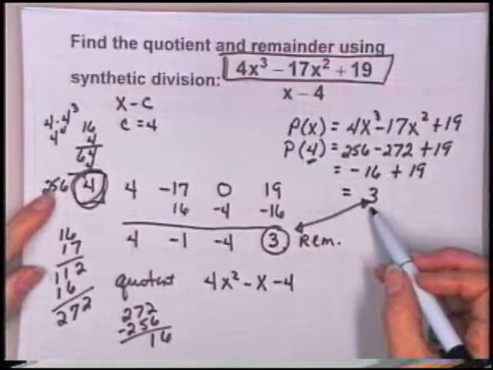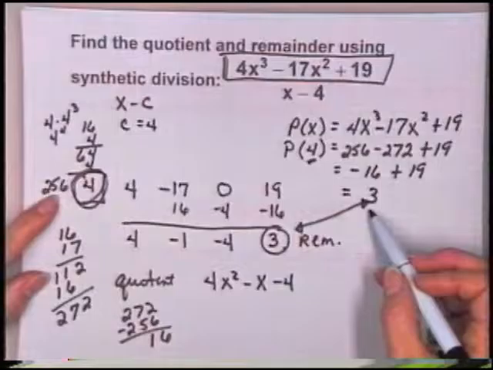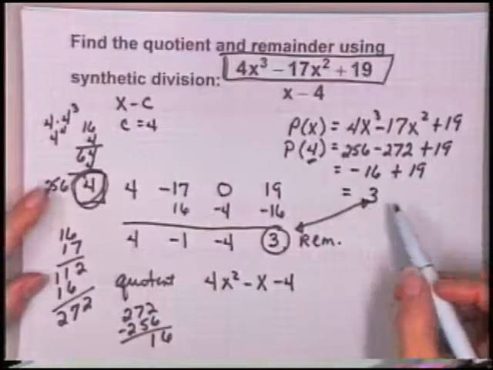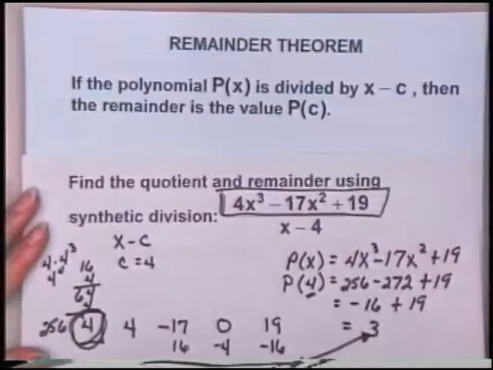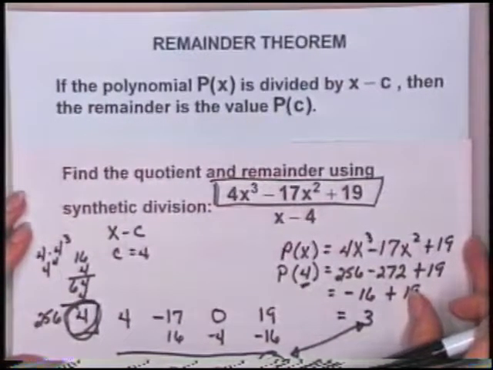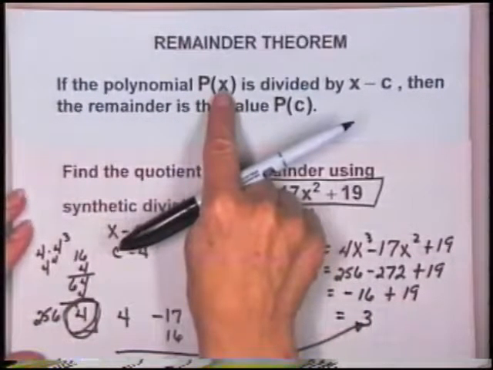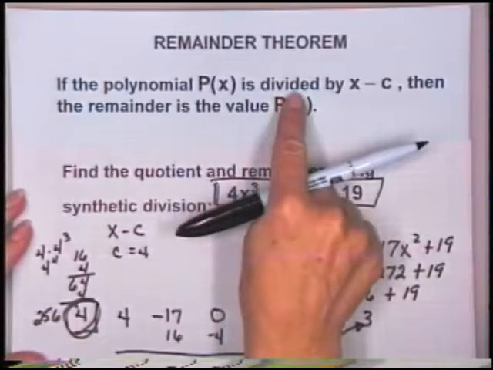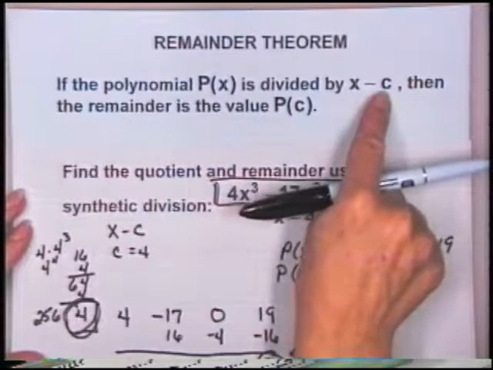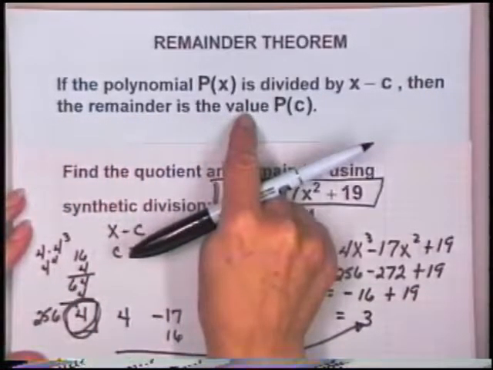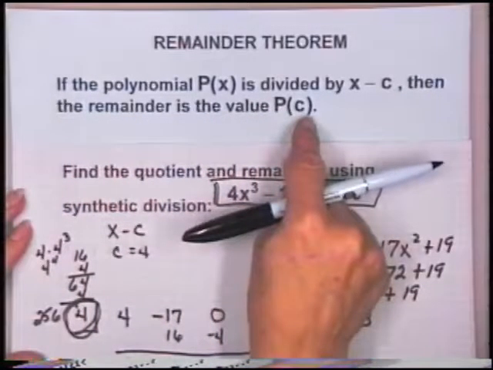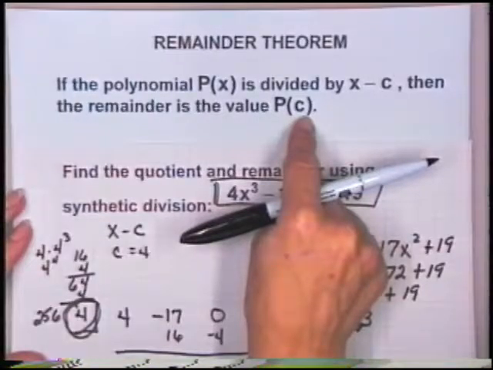Well, what I'm showing you here actually ends up being a very important theorem that will save us a lot of work sometimes. It's called the Remainder Theorem. Now, let's look at this. If the polynomial p of x is divided by x minus c, then the remainder is the value p of c.